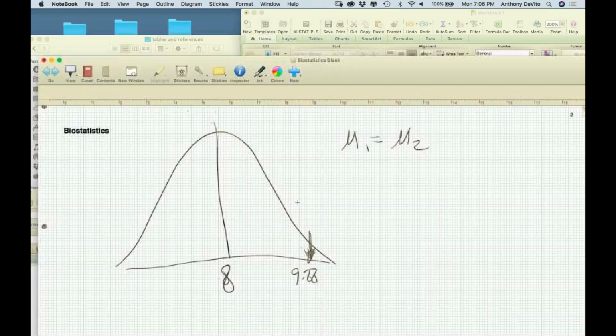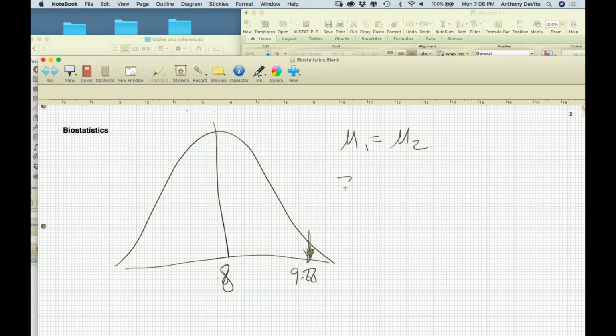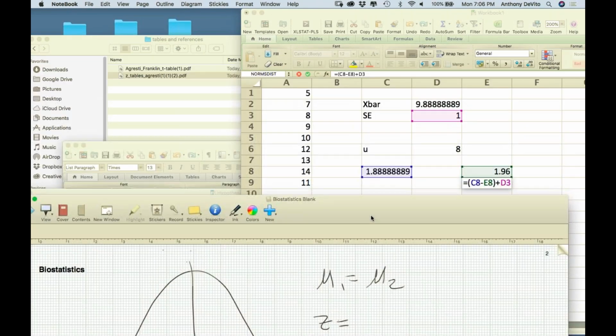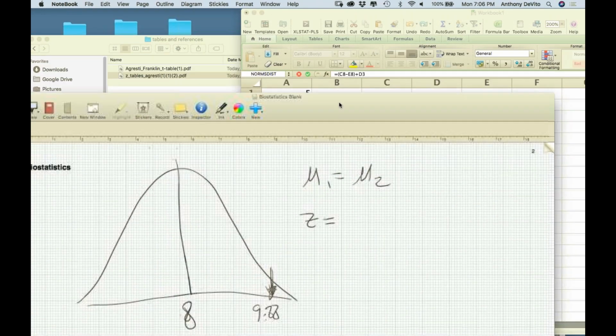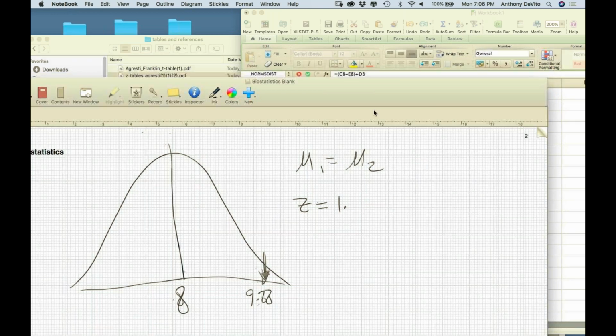Well, the probability of getting that extreme of a value is going to be determined by how many standard deviations apart they are. In other words, what the z-value is for 9.88. As it turns out, the z-value for 9.88 comes out to be 1.88.